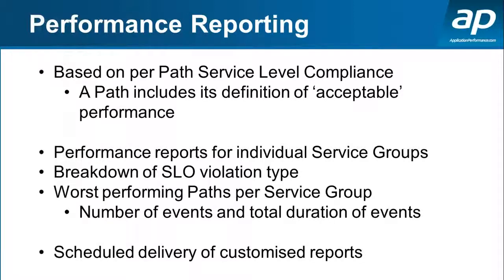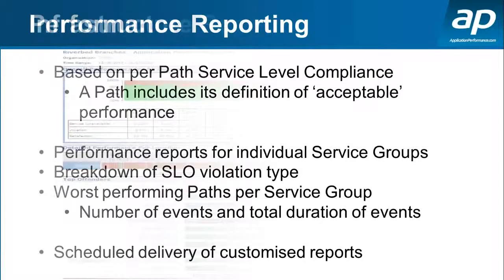So when we report on the performance, we can get an overall view of the level of compliance with the service level objectives, and a breakdown of each violation type. We can see typically we have lots of connectivity problems, but we also have some packet loss problems, and we also have some round trip time problems. And the report will break out the worst performing paths per service group, so that you can really focus on the problem paths.